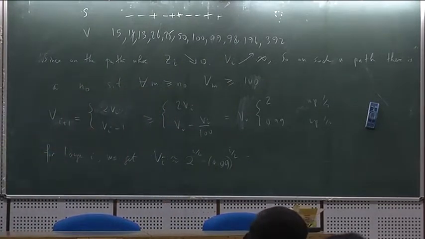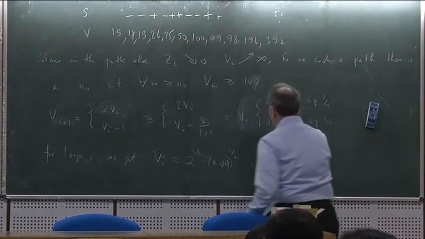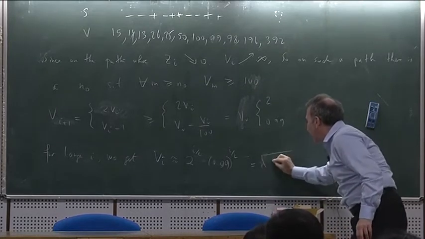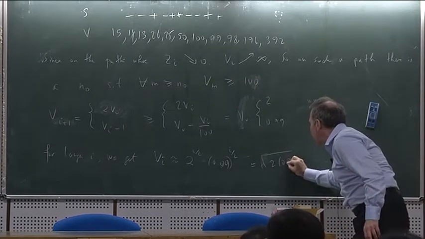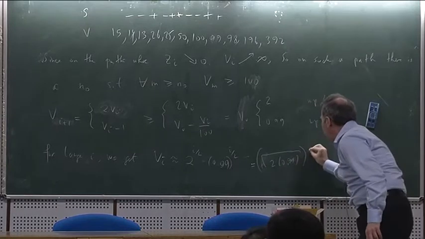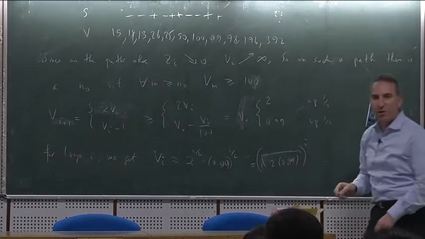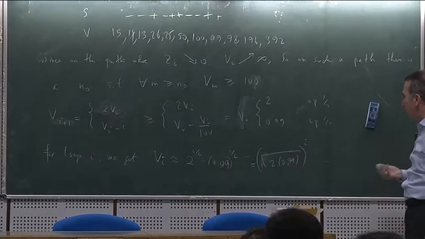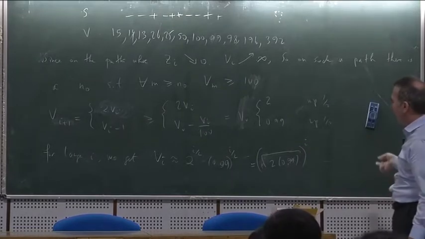These can all be made a bit more precise by saying it is I minus n0 and so forth, but all these things are just constants. For large I, it disappears. So what we get here is that this is equal to the square root of 2 times 0.99 to the power I.